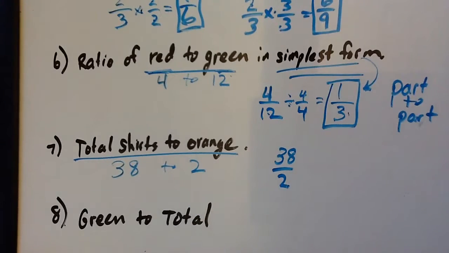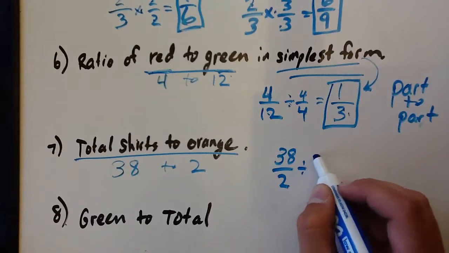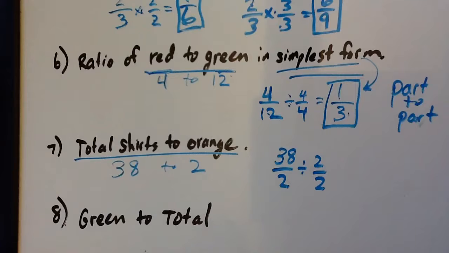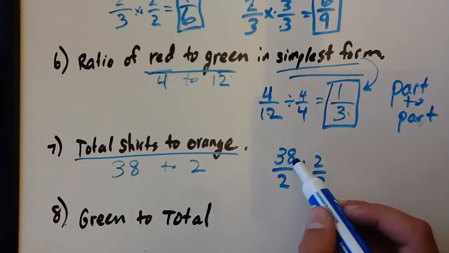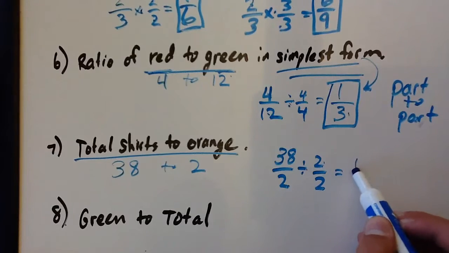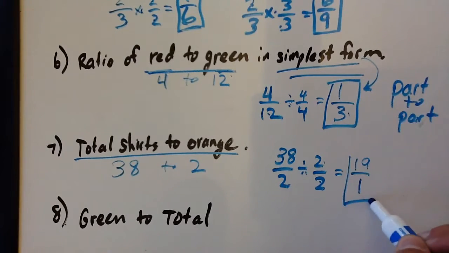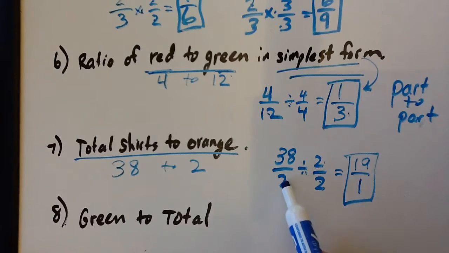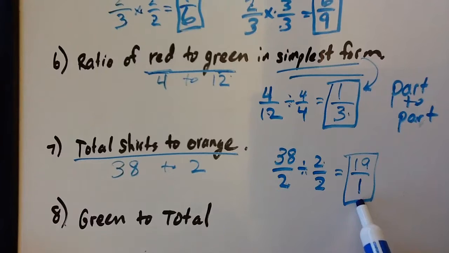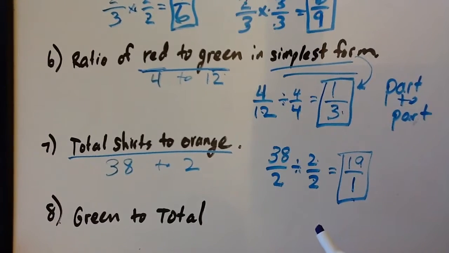Okay, is this simplest form? Well, 38 and 2 are both even, and so I know they are both divisible by 2. So let's divide the top and the bottom by 2 so that we get an equivalent fraction. 38 divided by 2 is 19, and 2 divided by 2 is 1. So 19 to 1 is an equivalent ratio for 38 to 2, and this is simplest form, 19 to 1.